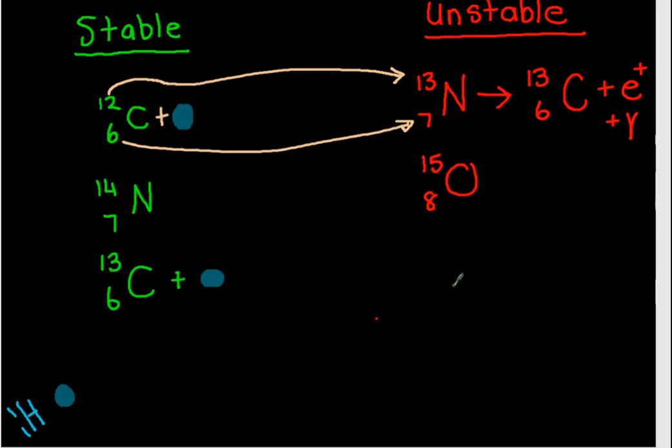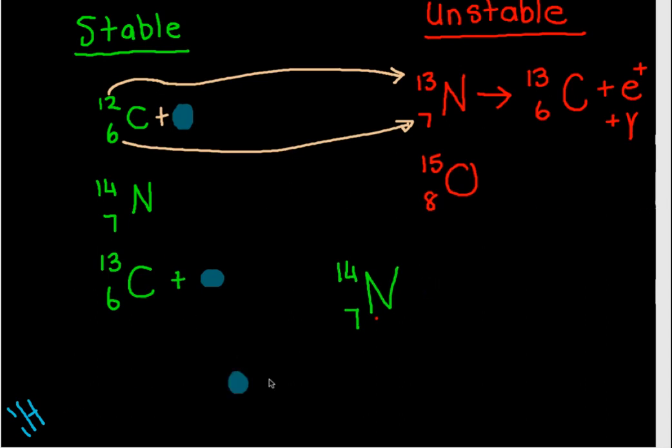So we're going to end up with a mass number of 14. I'm just going to stick with the green, end up with a mass number of 14, and this will change because I'm adding a proton, so this will change to 7, and that is normal nitrogen. So this time it is pretty stable again.